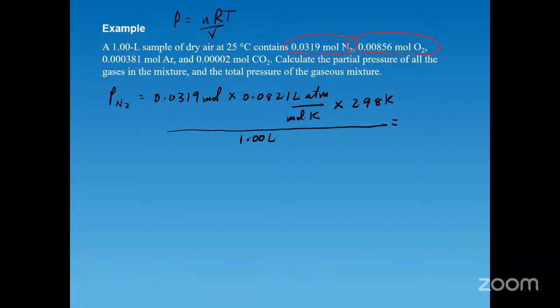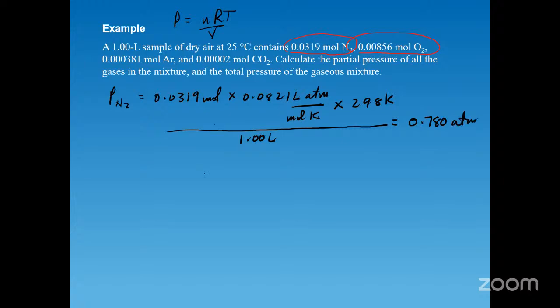So let's see what that gives. 0.0319 times 0.0821 times 298 divided by 1, which, according to my calculation, works out to be equal to 0.780. And the units here would be in atmospheres.